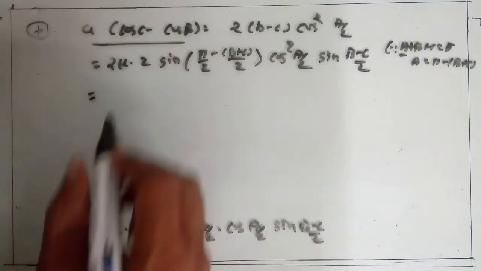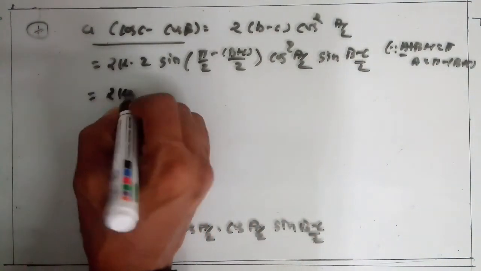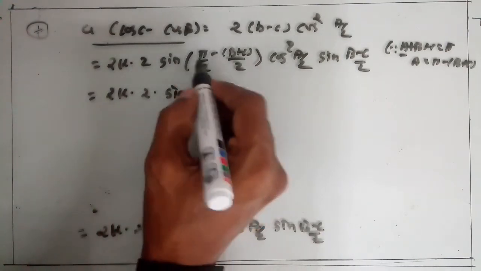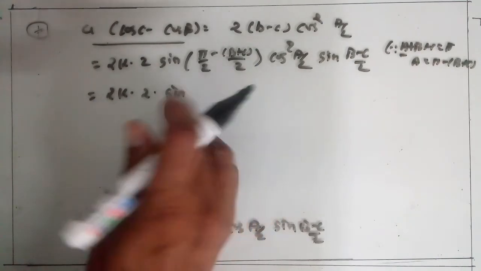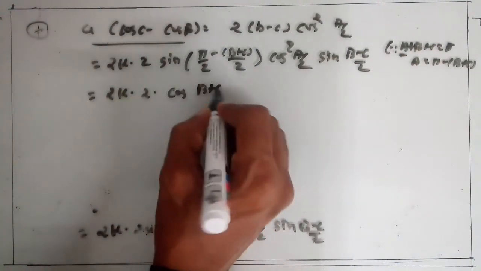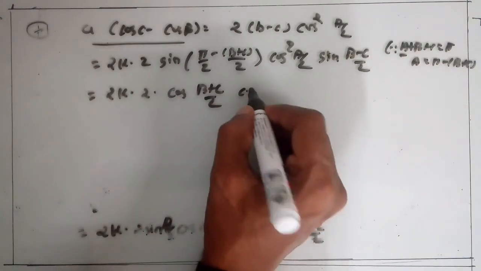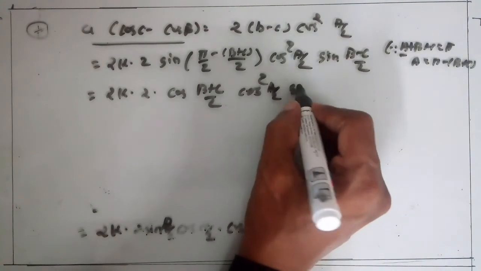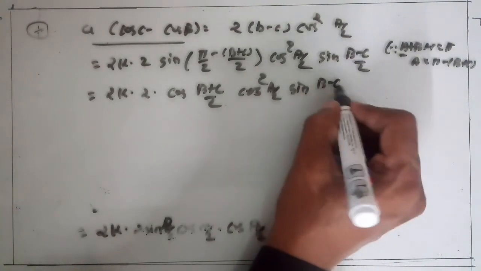Okay. Now simplify this. So 2 into k into 2. Write this separately: sin of pi by 2 minus this, so sin changes into cos. Cos (B plus C) by 2 into cos square A by 2. Clear this? Into sin (B minus C) by 2.